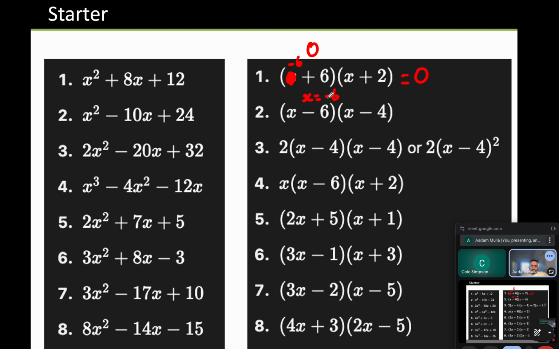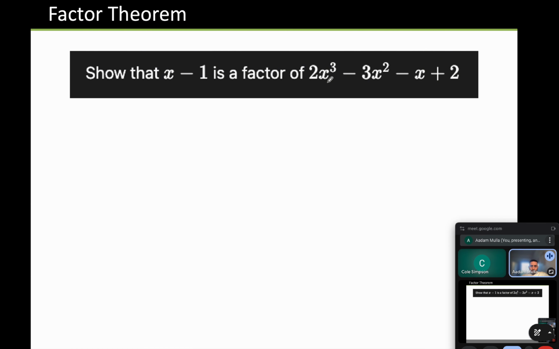So x equals -6 means that if I substitute -6 into here, that would give me 0, and that tells me that x plus 6 is a factor. So we're going to look at that kind of thinking.